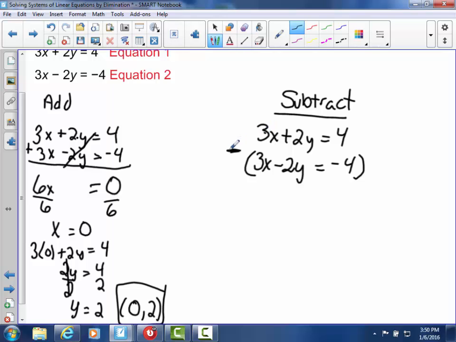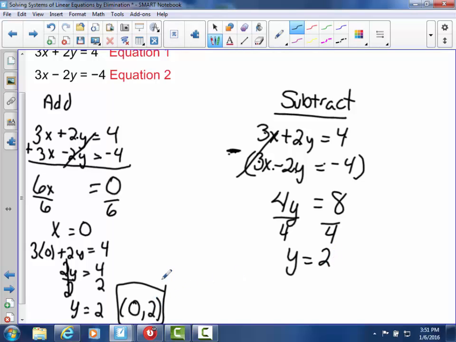So 3x take away 3x is 0. 2y take away negative 2y is going to be 4y. And 4 take away negative 4 is 8. So then we divide by 4, and y equals 2.